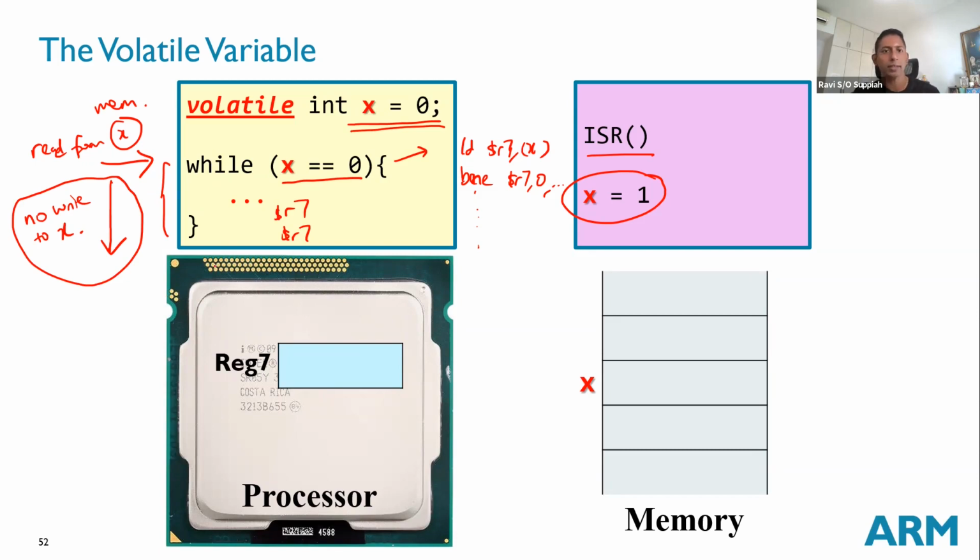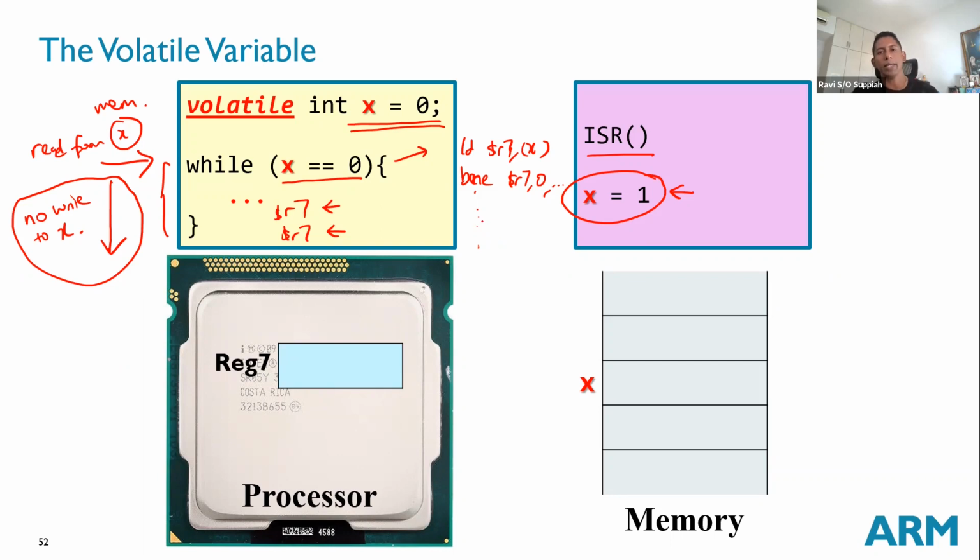So when that is the case, even though X may be updated in the ISR, inside my main I'm still reading only from R7. I have not updated R7 with the new content of X. So that is the issue that can happen. I think in EPP2 we did expose this to you, and you saw this to be an issue.